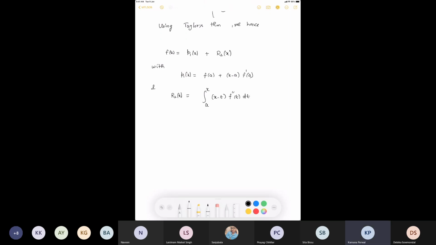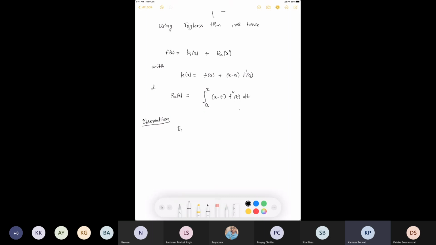So first realization you have to make. If I denote the error by E1, you have to make this observation. So we denoted the error formula by E1.